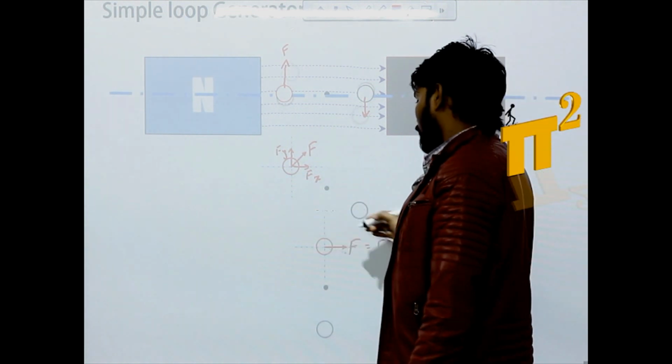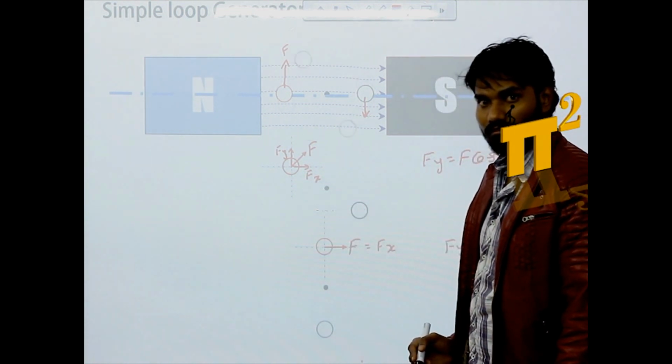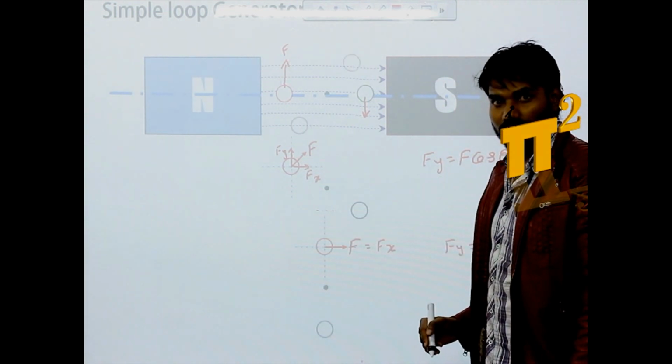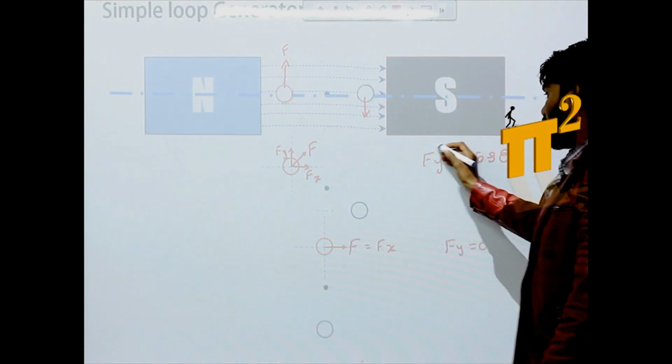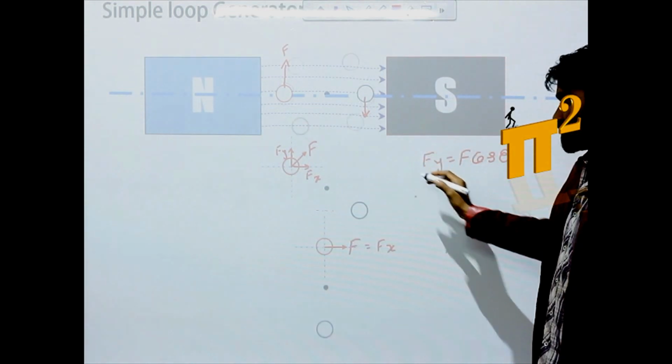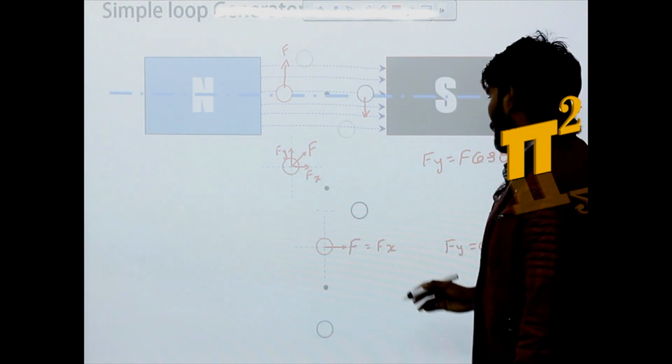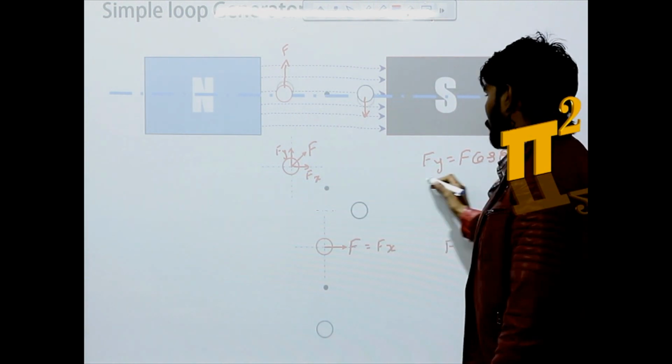Now for a further rotation of 45 degrees, the force will be acting downwards, hence Fy gets negative. Again, from this relation you can say the same. The same relation is valid here also.